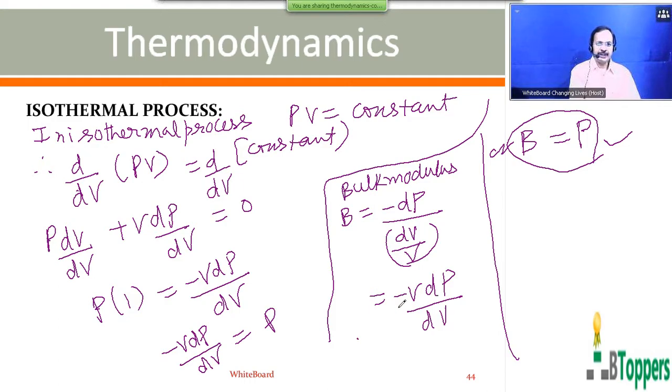So dP by dV gives you the slope of the tangent to the PV curve.